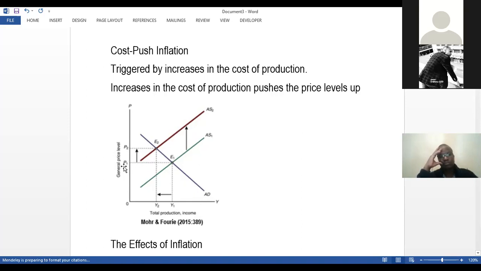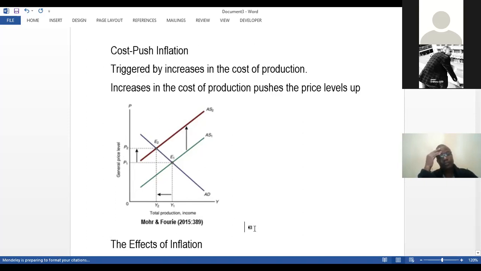As indicated here, P1 to P2 would be indicating the increase in the price levels, and the total production and total income would shift from Y1 to Y2 as indicated on the graph there. So the increase in the cost of production there would result in the increase in the general price levels.